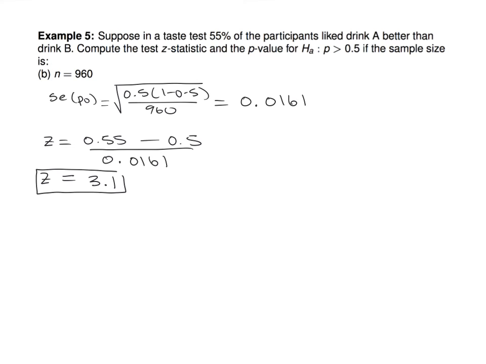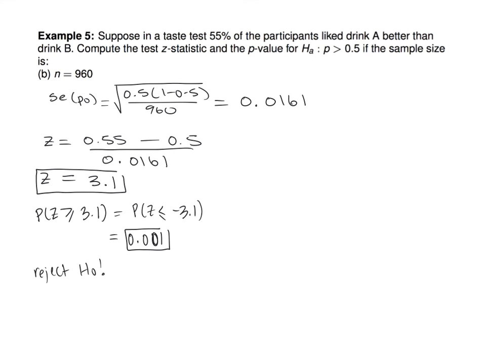This is unusual. Probability that Z is bigger than or equal to 3.1 equals probability Z is less than or equal to negative 3.1, which is 0.001. So in this case, you would reject H naught.